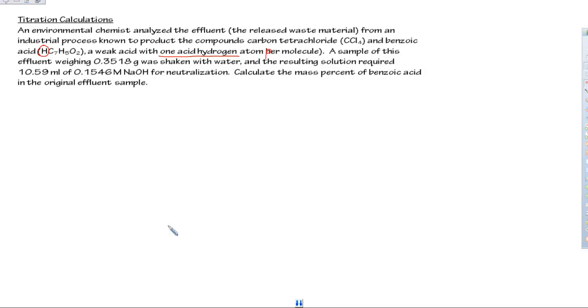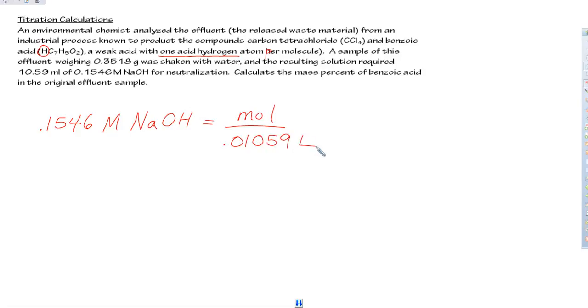When you have a titration, you'll always know the molarity of one, and you'll also know the amount of that known solution that you used. So we've got 0.1546 molar sodium hydroxide. It equals moles per volume, 0.01059 liters.